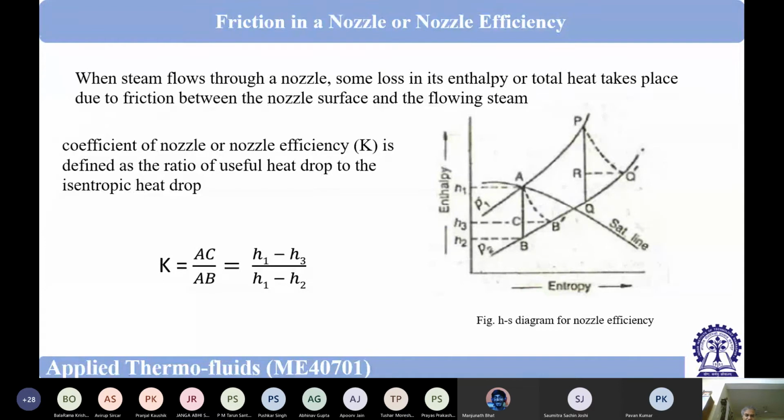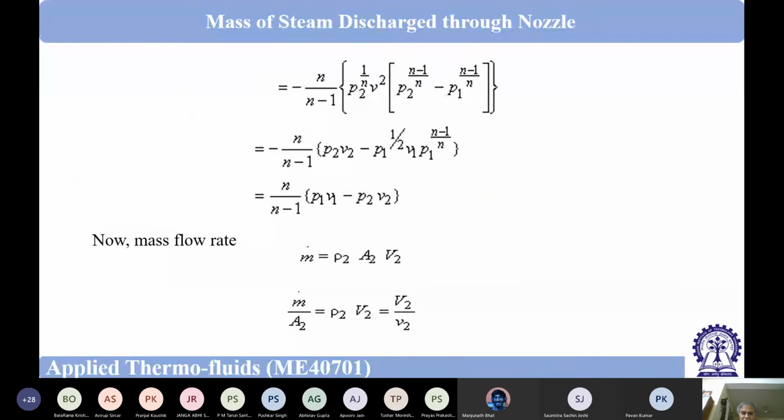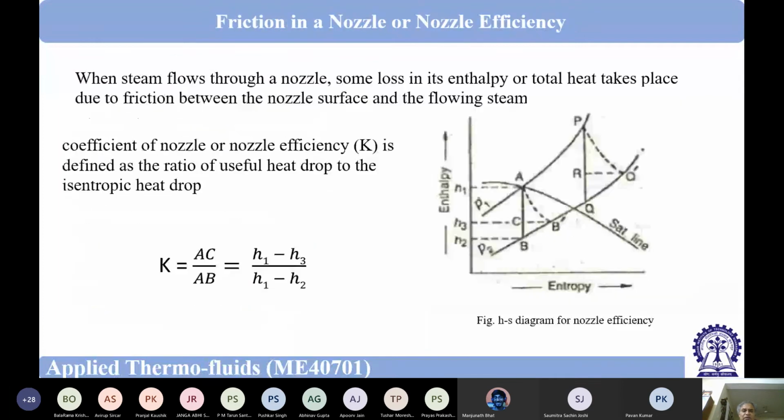a steam nozzle. I think I will skip a few. I will come back. This is important, but let me. Okay, let us go the way we are going. This is a steam nozzle. So I have shown an enthalpy entropy diagram.